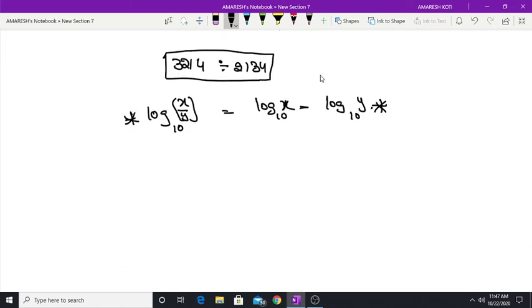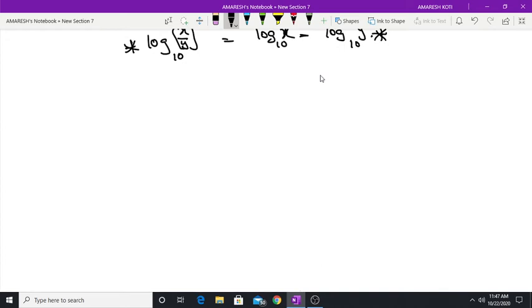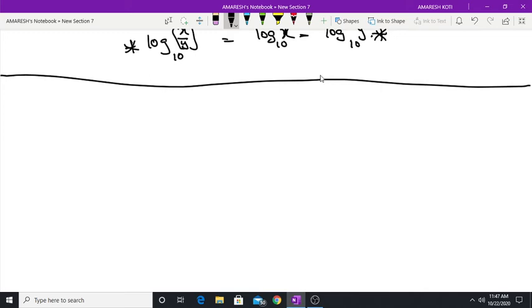Now see, I'll tell you both the formulas again. If they have given log x into y to the base b, it equals log x base b plus log y base b.